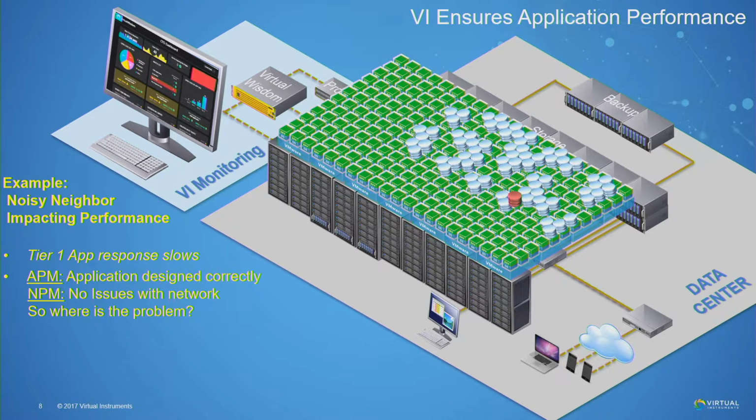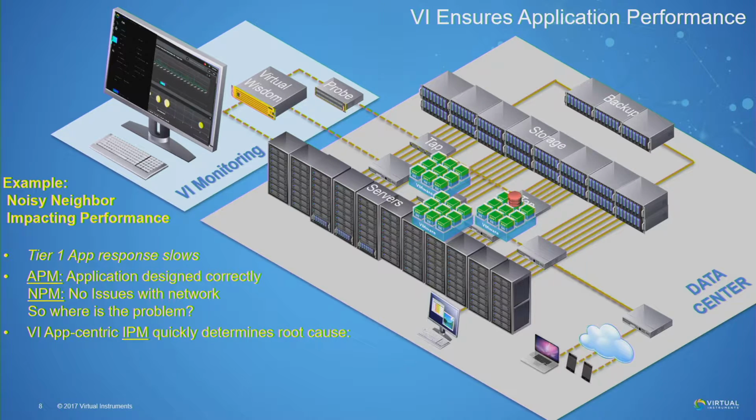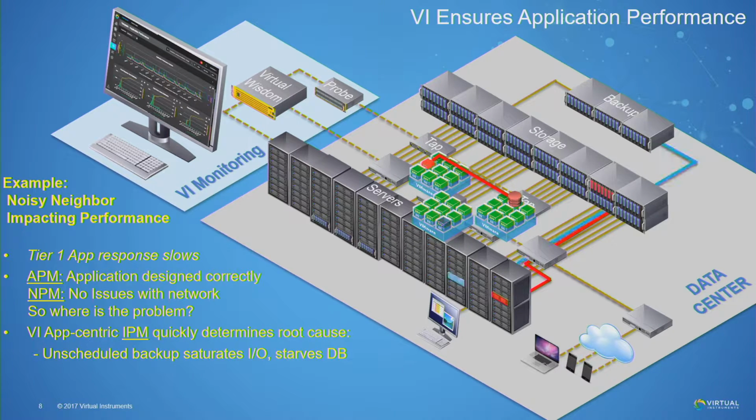So with VI and our analytics platform, we were able to isolate in the environment another host sharing the same storage array, doing a backup at the exact same time this database was trying to run its job. Using our event advisor, I said, show me anybody else running the same type of magnitude at the same time. And it helped me show this other server doing this backup.